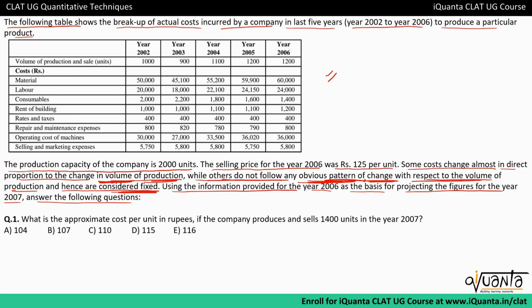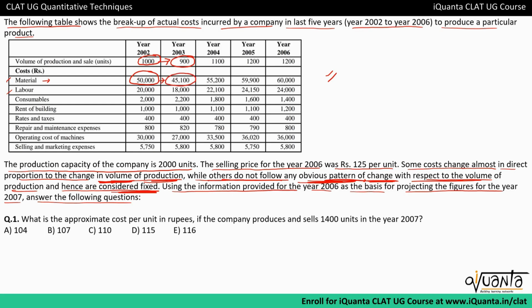We'll check each type of cost, material cost, labor cost, one by one, and check which is following a direct proportion. For example, checking material first: in year 2002 there were 1000 units and the cost was 50,000. In year 2003 the number of units is 900, so the number of units has decreased from 1000 to 900, and similarly the cost of material has decreased.